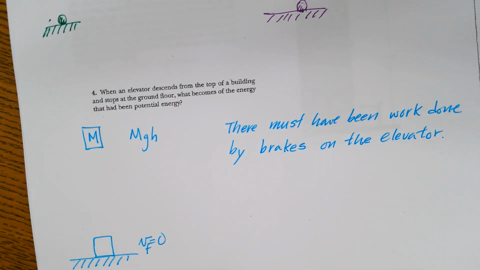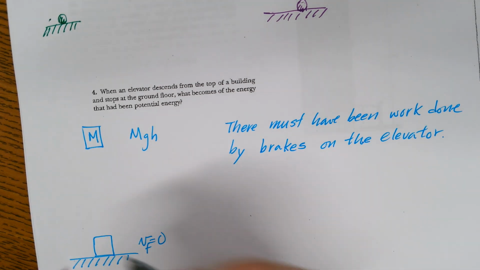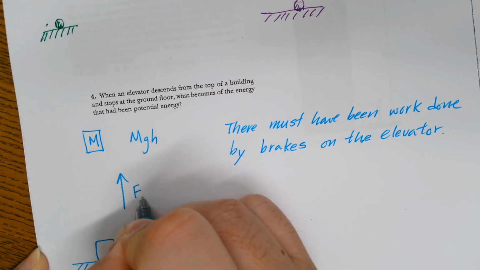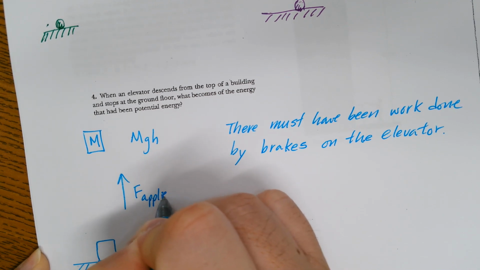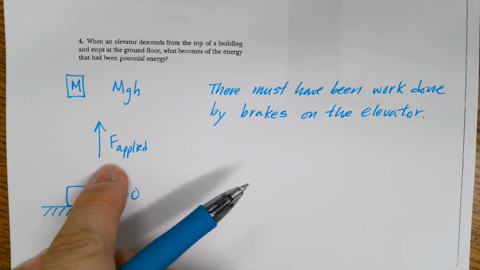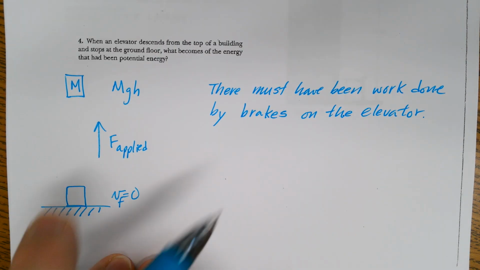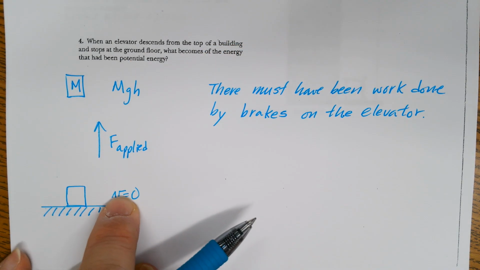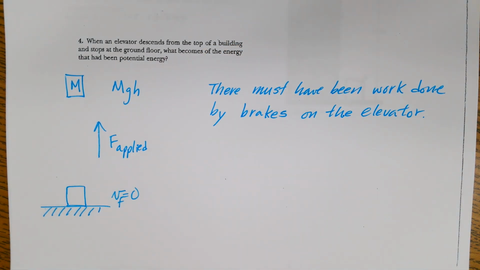The applied force, which is the brakes, so some work was done. So force applied, and they applied brakes onto this elevator. It would do work on the elevator to take this much of potential energy away from the elevator, and that's what's happening. Okay.